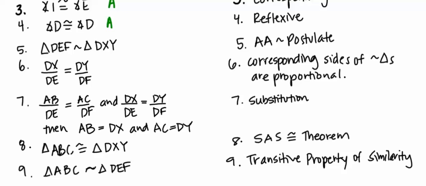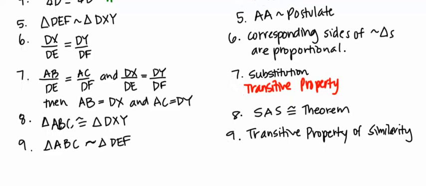We can say substitution, or we can say the transitive property. And now we have two triangles that are congruent to one another. Triangle ABC is congruent to triangle DXY by side angle side.